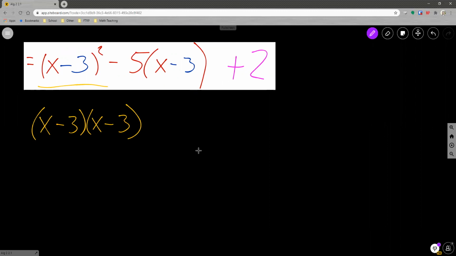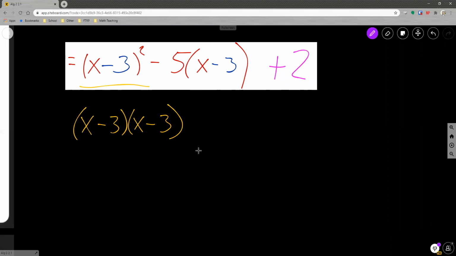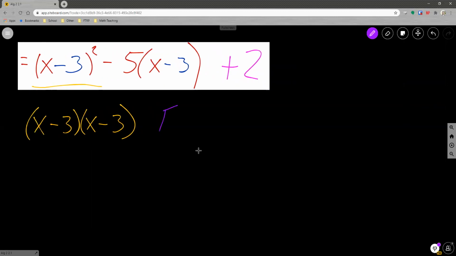FOIL stands for first, outer, inner, last, which means I'm multiplying my first values together, x times x, my outer values together, x times minus 3, my inner values together, negative 3 times x, and my last values together, negative 3 times negative 3.